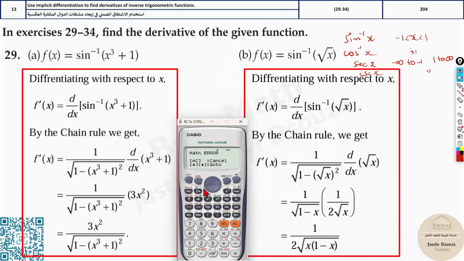Now let me put anything like 0.5. That's half. Why is this? Because over here we have power 3, right? Plus 1. So you need to take this into consideration. If I put any positive values, no matter what, it's going to go beyond this x value. So when it is not working, it's fine. Just put negative over here. Say you put minus 0.5, you will get an answer. Why? Because over here, whatever the answer is, must be less than 1, isn't it?